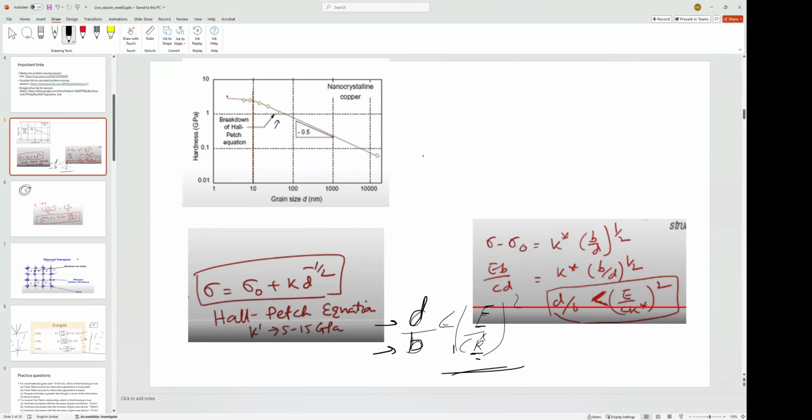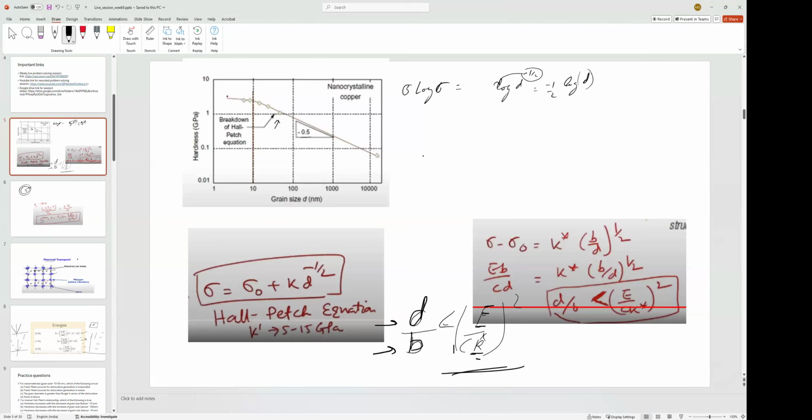This half slope comes from log sigma, so log d to the power minus half. If you take this out, it's minus half log d. So the slope of this log plot will be 0.5.